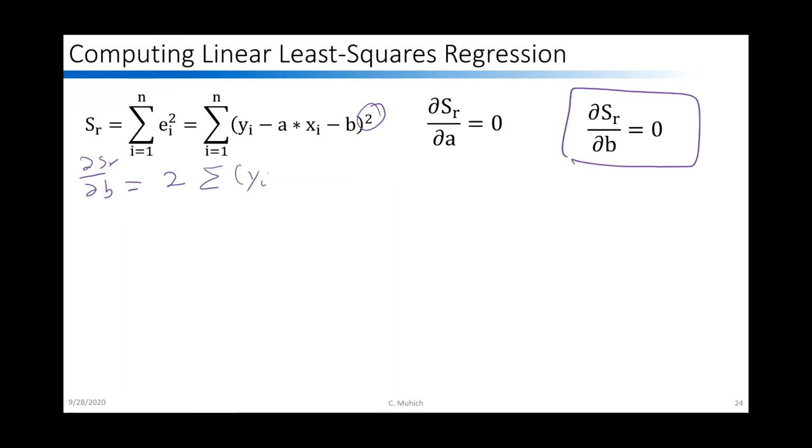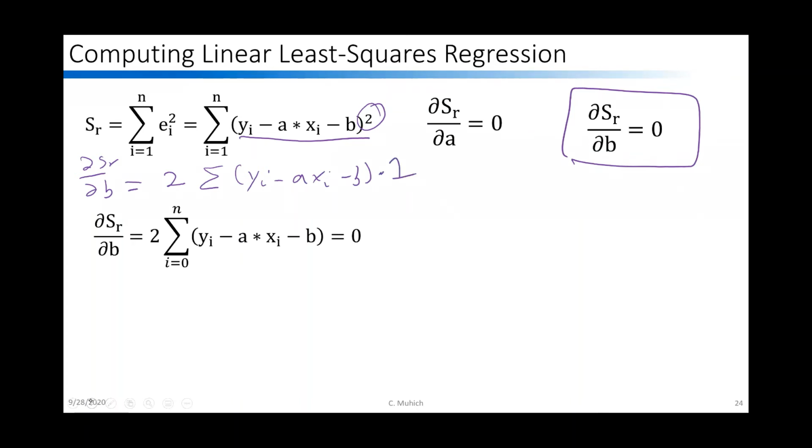So this is yi minus a xi minus b, times the partial derivative of that inside, which is just 1. Okay, so let me write this out a little bit nicer. The derivative of my squared error with respect to b is twice times the sum of yi minus a xi minus b, and I'm going to set this all equal to 0.